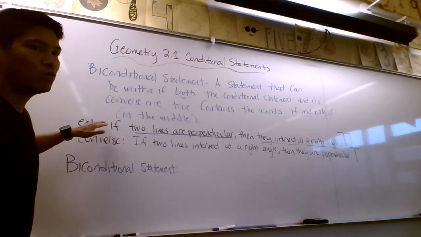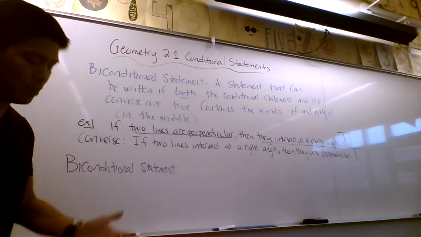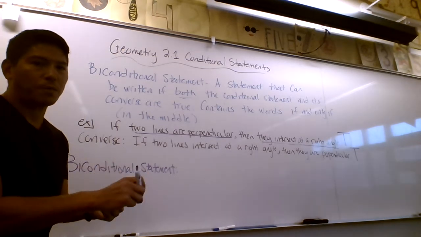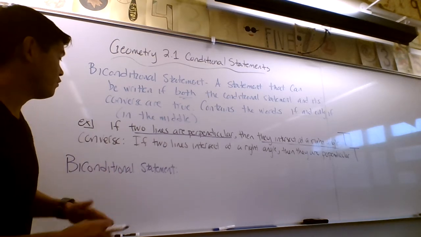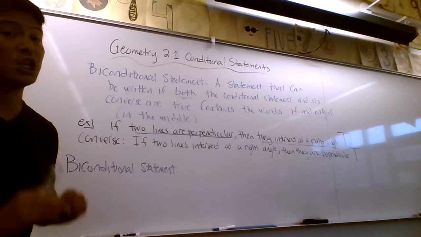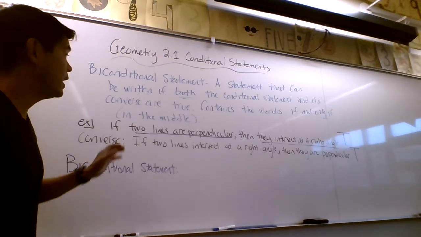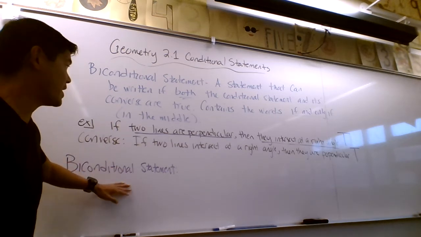So I take the hypothesis and the conclusion. I don't want to start with "if" for a biconditional statement. Every other statement that we wrote, a conditional statement, the converse, the inverse, and the contrapositive, we started with "if." All of those were if-then statements. A biconditional statement does not start with an "if." It contains the phrase "if and only if" in the middle. Here's one way that I could write the biconditional statement.